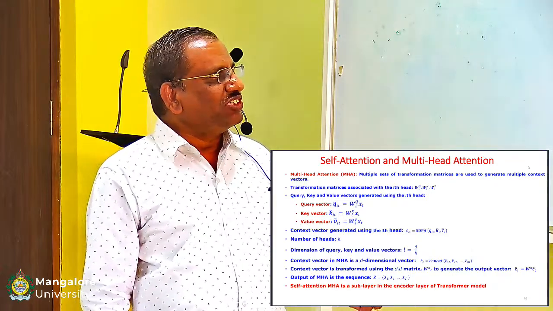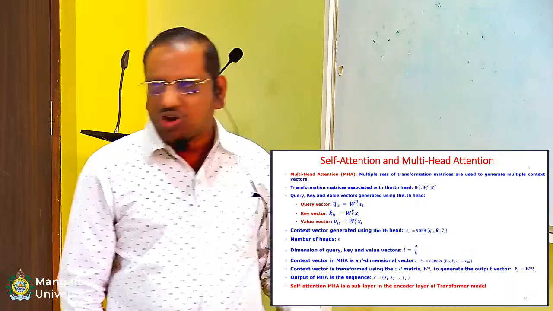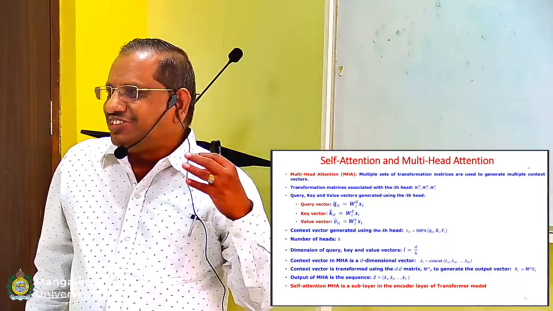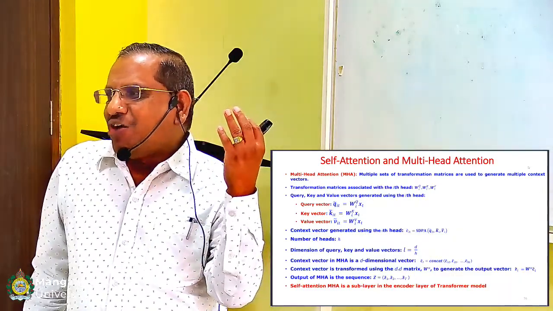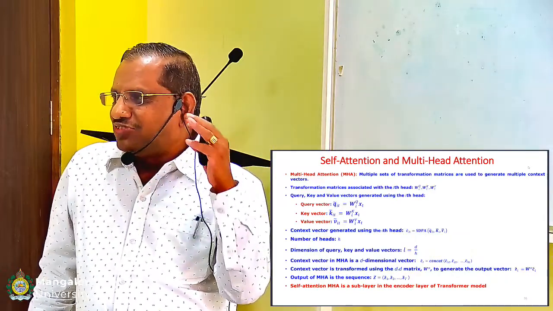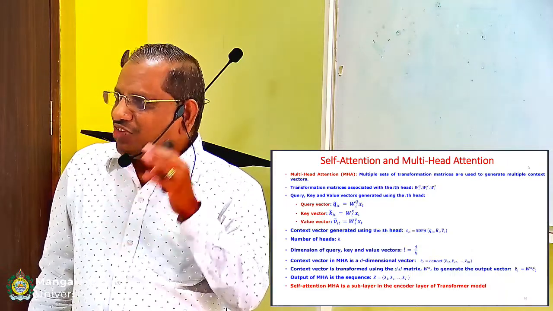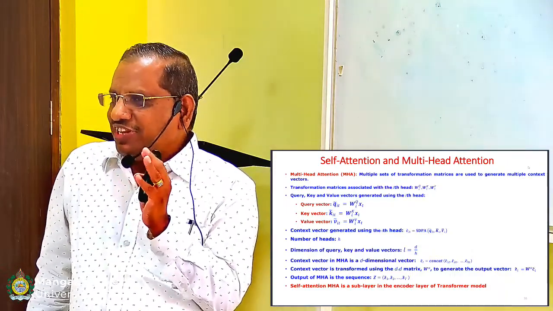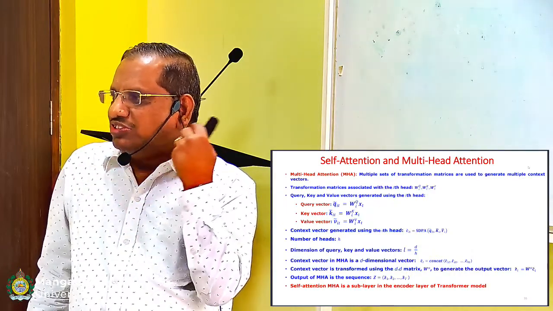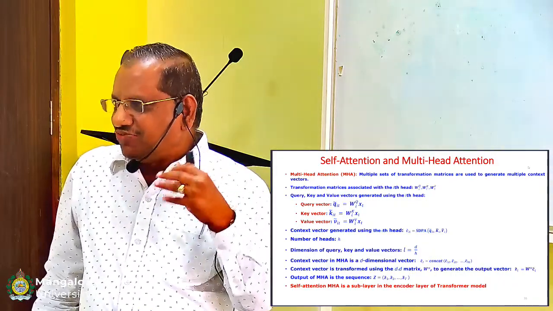The given sequence is x1, x2, and so on, up to x capital T, and finally we generate z1, z2, and so on, up to z capital T. But how are these z's generated? These z's are generated by performing operations using the multiple heads, where in each head we perform linear transformations to generate the query, key, and value vectors, and then we combine the information about the similarities between the words and the value vectors to generate these context vectors, and from the context vectors we derive these z vectors.